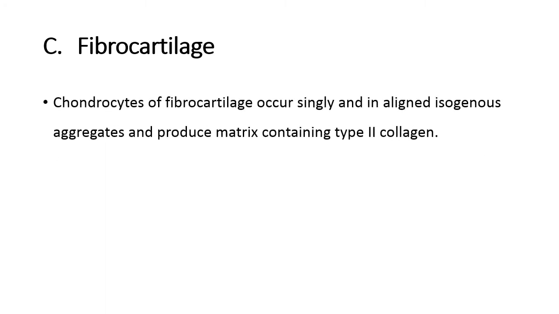In fibrocartilage, the chondrocytes occur singly and in aligned isogenous aggregates and produce matrix containing type 2 collagen. يعني موجودة إما single cells أو في مجموعات isogenous aggregates and they produce matrix فيها type 2 collagen.